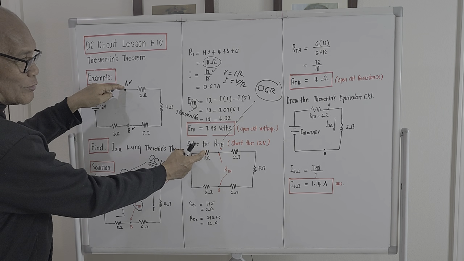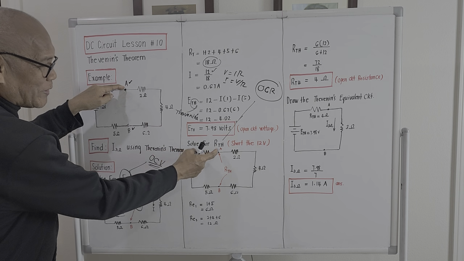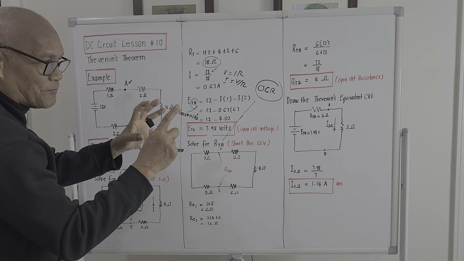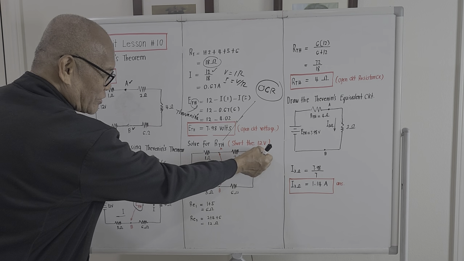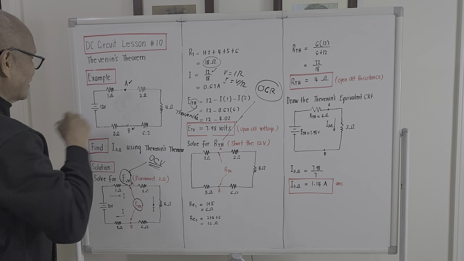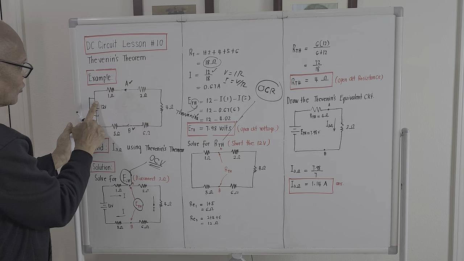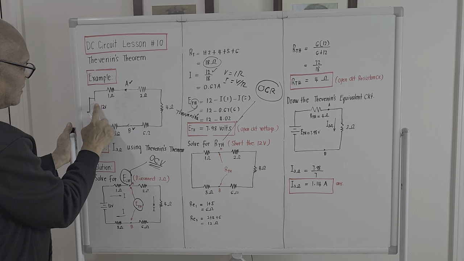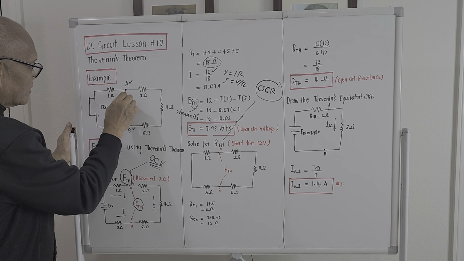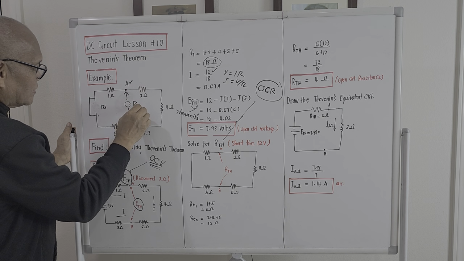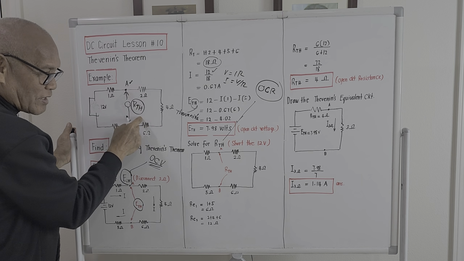For step number 2, for the reading to be resistance, it should be an ohmmeter, but there is a precondition for that one. We must short the 12 volt source. Okay, we will short out this one. So if we short out this one, this 12 volt is gone. And the value that we could measure here is termed RTH, the open circuit resistance.